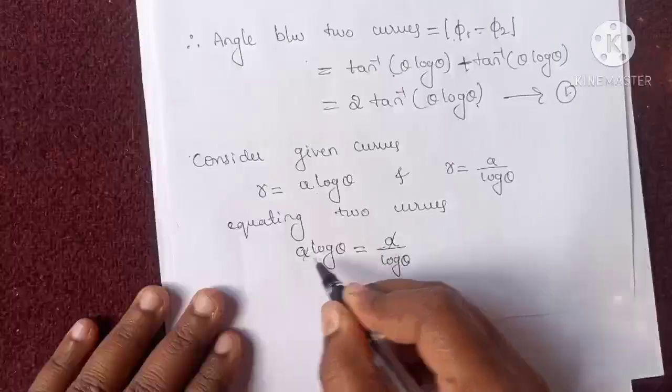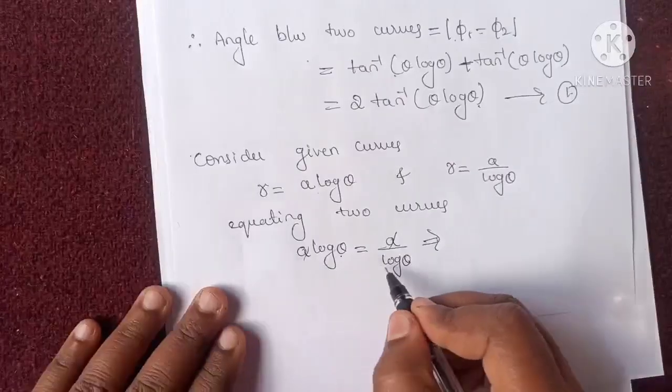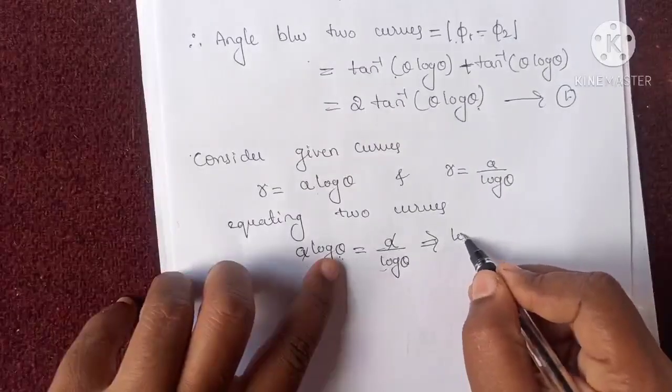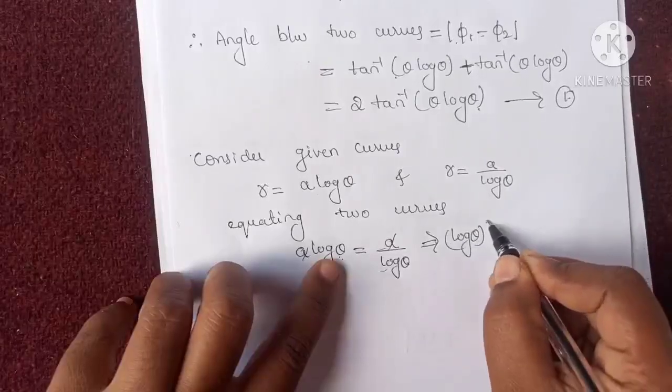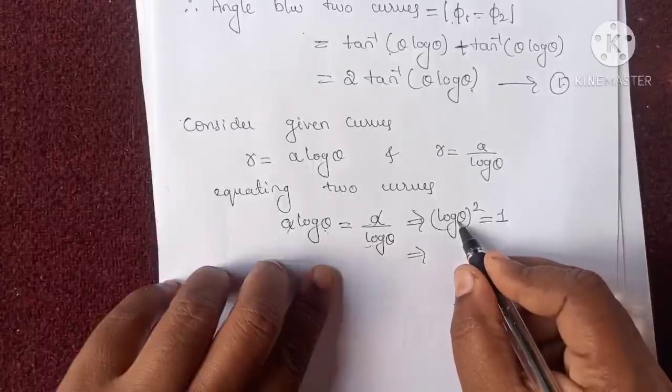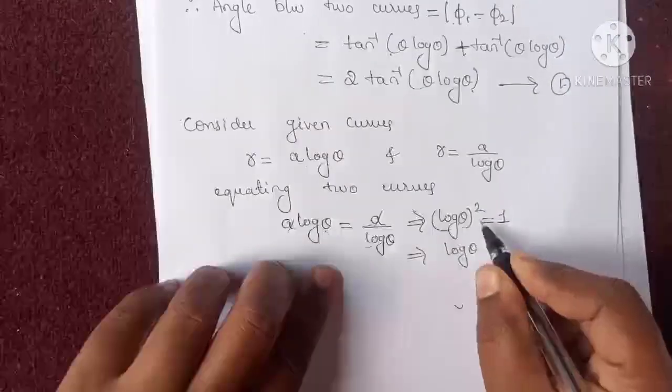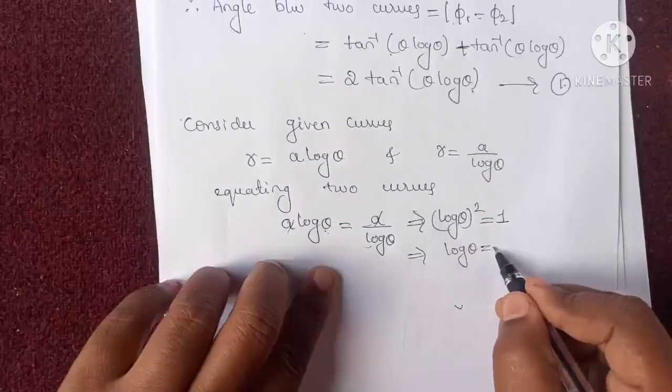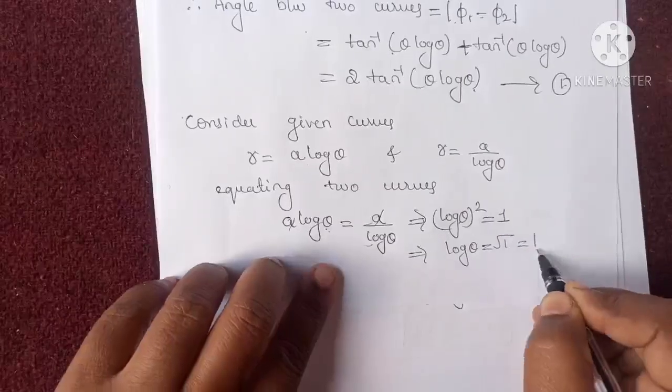Okay, a cancels, and we get log theta into log theta, which is log theta whole square, equals 1. So log theta equals root 1, which equals 1.